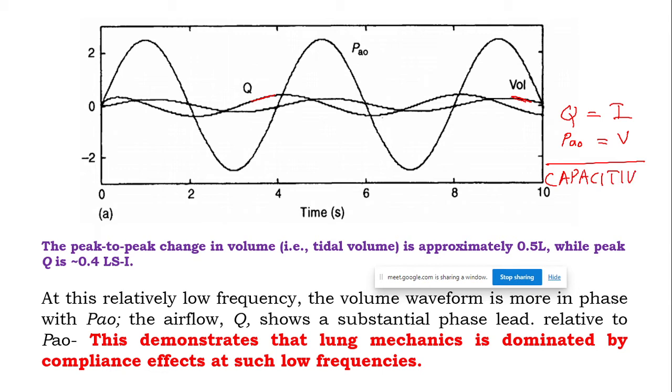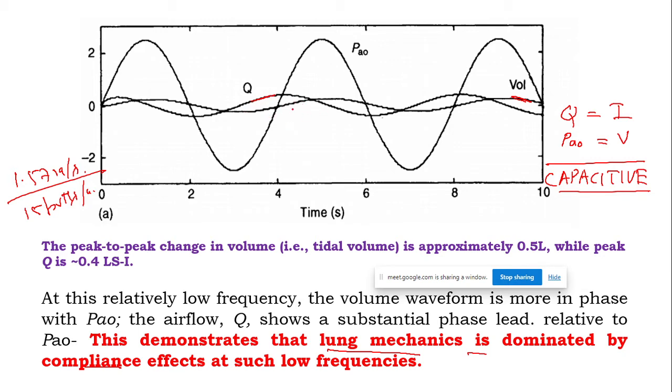What we infer from here is that at very low frequencies, the normal breathing rate of 1.57 radians per second, which corresponds to 15 breaths per minute, the lung compliance effect is dominant. The lung expansion and contraction is dominating.